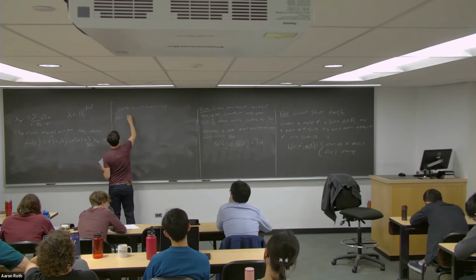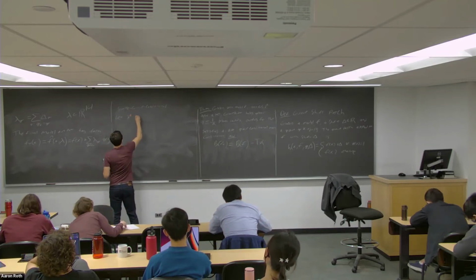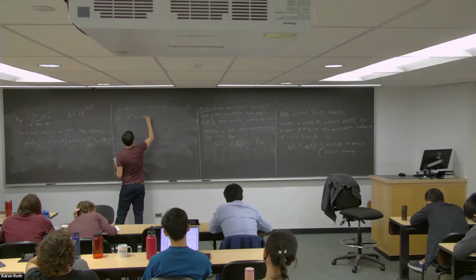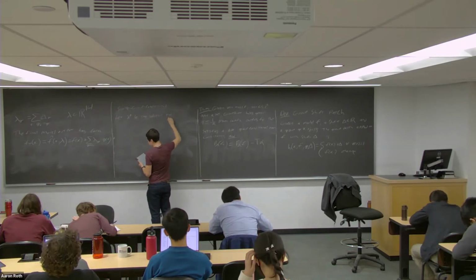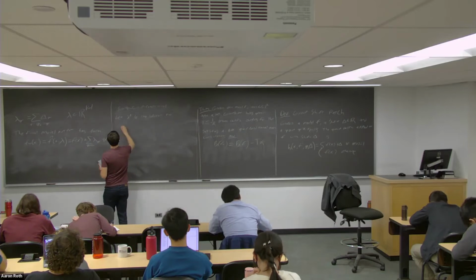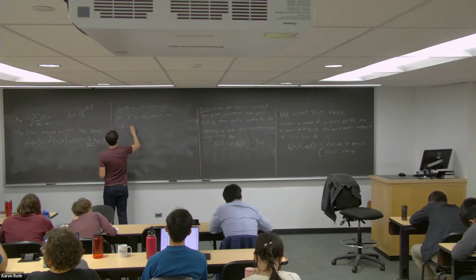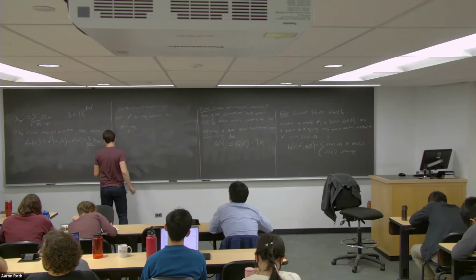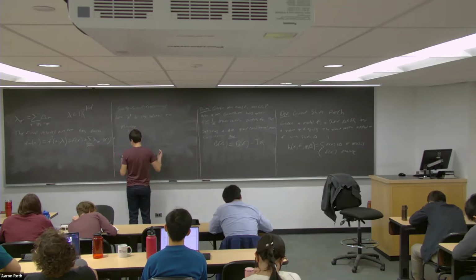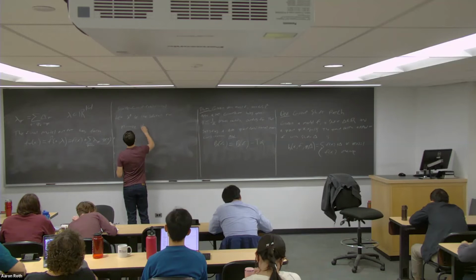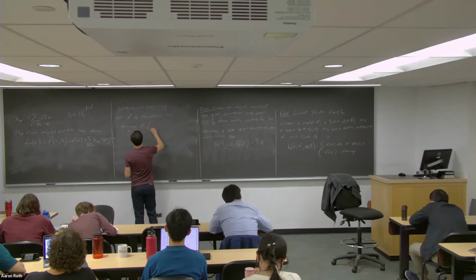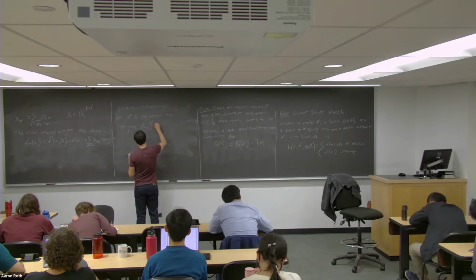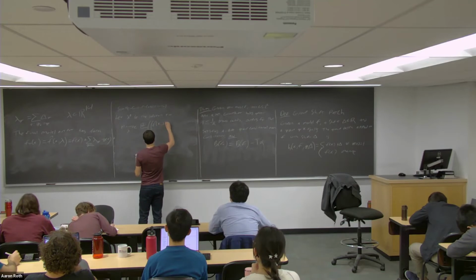Let lambda star be the solution to the following optimization problem: minimize over all lambda the expected squared error of the model f hat of x parameterized by lambda.